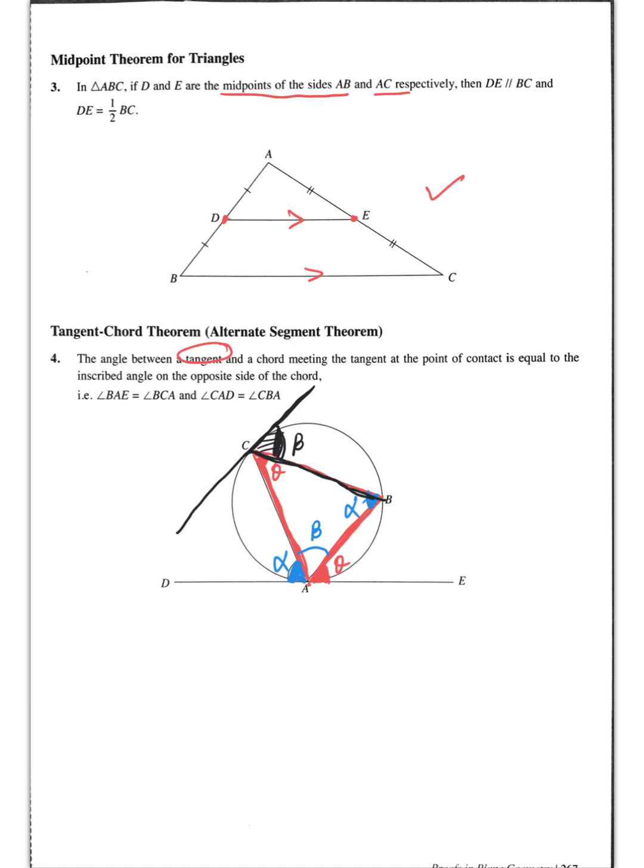So the angle that is opposite the chord will be equal to beta, which is this one. Just now you have this tangent, and then you have this as your alpha, and this is the chord, isn't it? So the angle opposite the chord will be equal to alpha, which is this. Okay, class? So don't get it wrong.